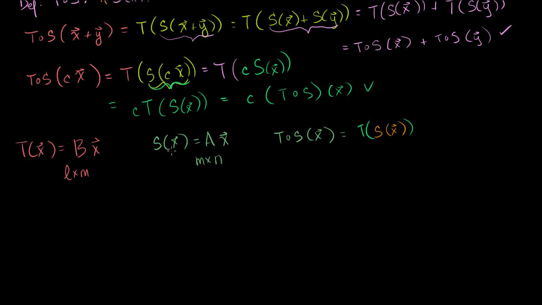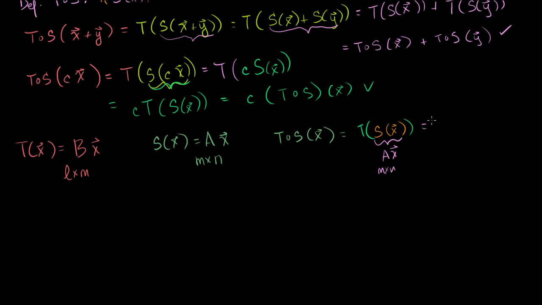Well, given this, we can use our matrix representations to replace this kind of transformation representation, although they're really the same thing. What is a transformation of S applied to X? Well, this right here is just A times X, where this is an M by N matrix.